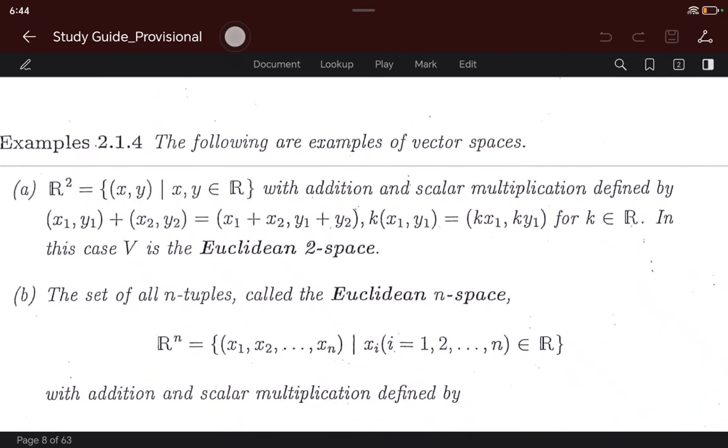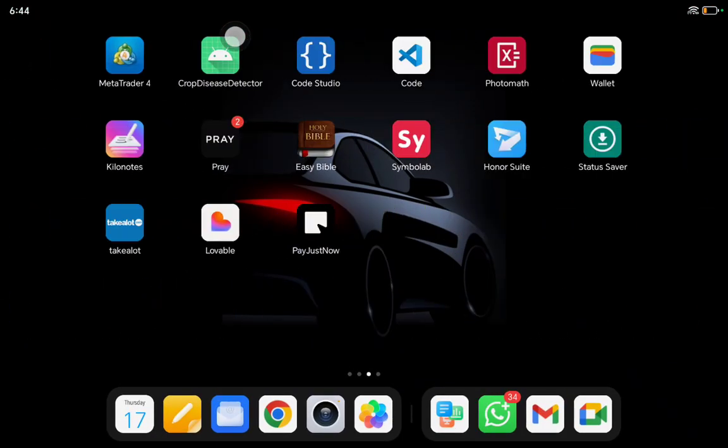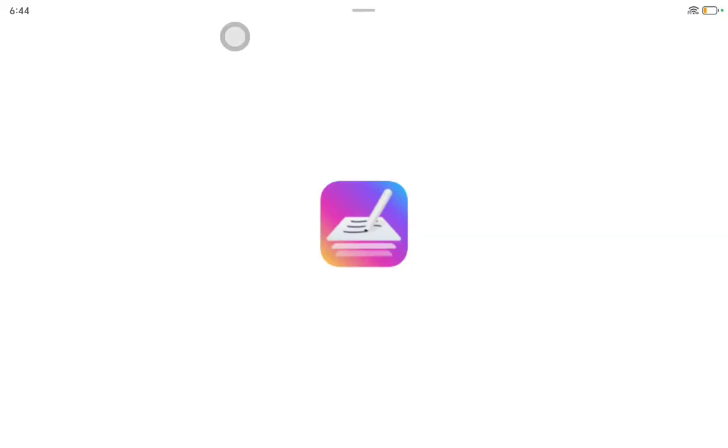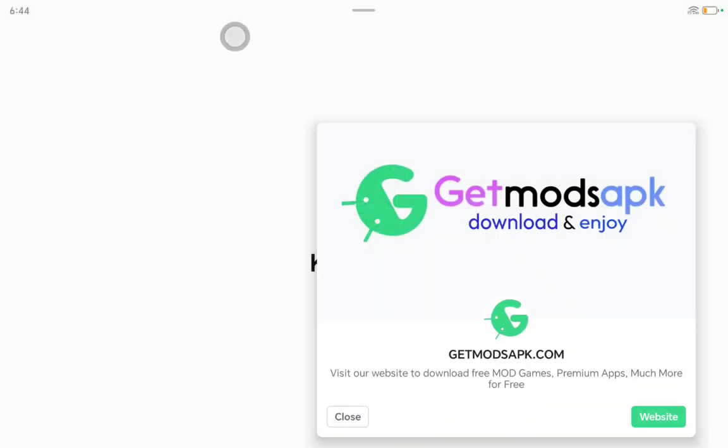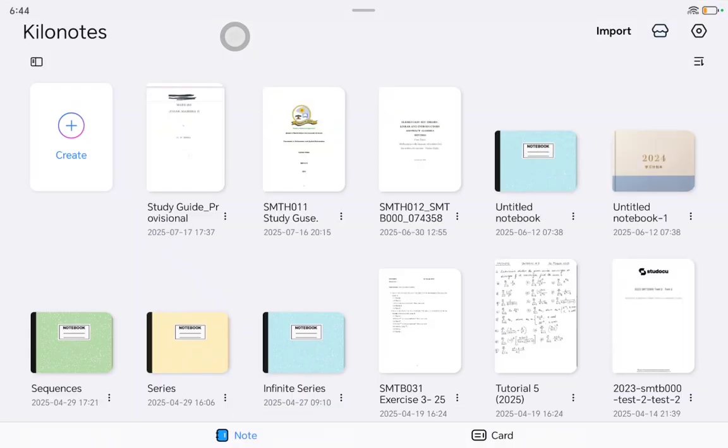They say if we are given R squared. So let me open from this. I added it here so that we can add a page, and then we'll try to solve it. Let me see.